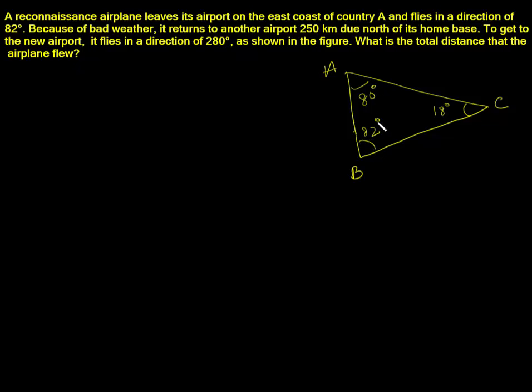This distance is 250 kilometers. If we label this triangle, this side will be side a, side b and little c, side c is given to be 250 kilometers.